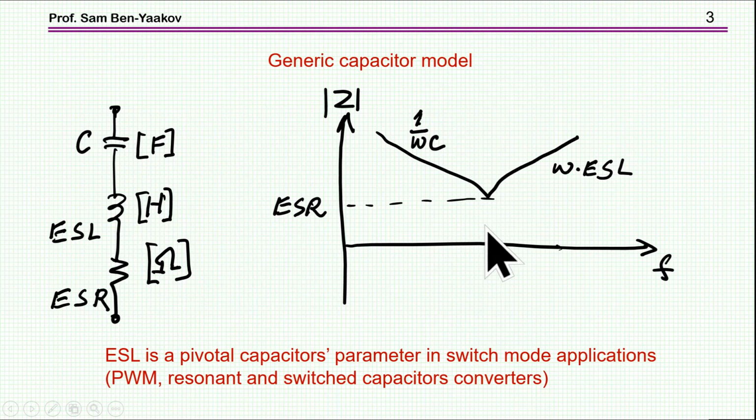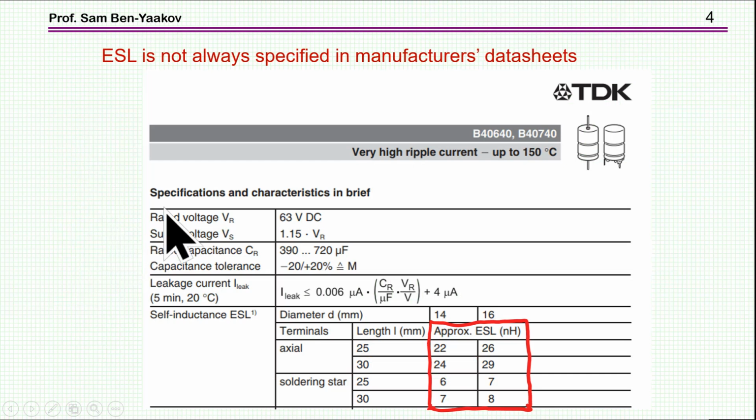Now the resonant frequency is of course a function of the capacitance and the inductance. Now, manufacturers are supposed to specify the inductance, but sometimes they don't do it. Here is TDK, which is very nicely specifying the inductance, the ESL, of this family of capacitors. These are electrolytic hybrid capacitors. Here are the axial, and this is the soldering star type.